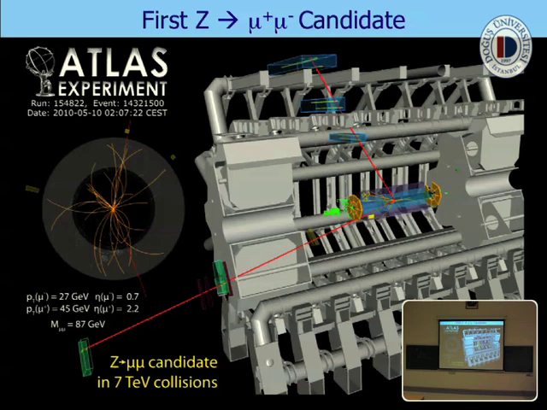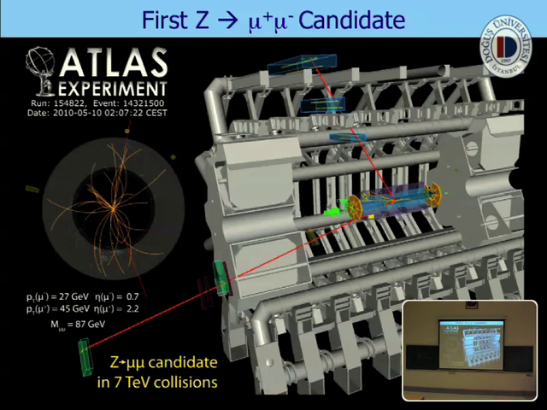We again see tracks, because it's a charged particle. And what else do we see? We see the tracks in the muon spectrometer. You see this one, which passes through 3 layers of the muon spectrometer in the barrel part.